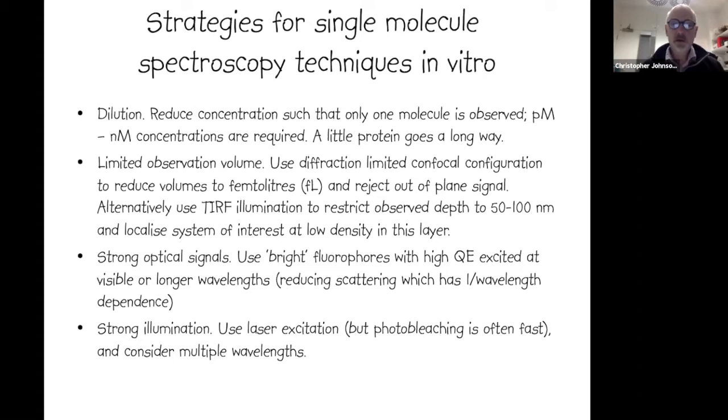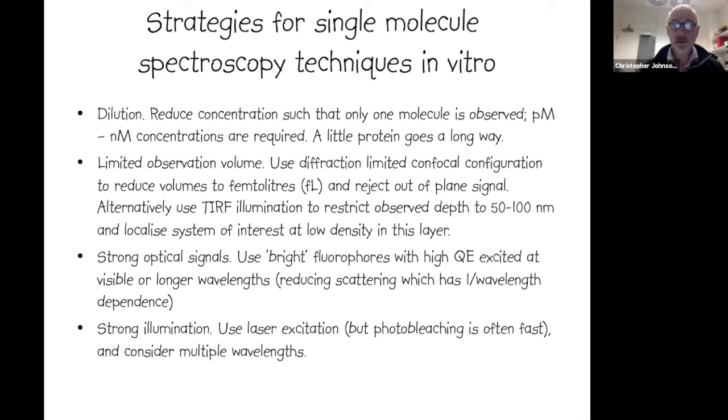We also, as well as diluting the sample, limit the observation volume. So we try and reduce the volume that we're collecting data from. Using diffraction limited confocal configuration, we reduce volumes to the order of femtoliters, and also try and reject as much out of plane signal as has been discussed in the earlier talks.